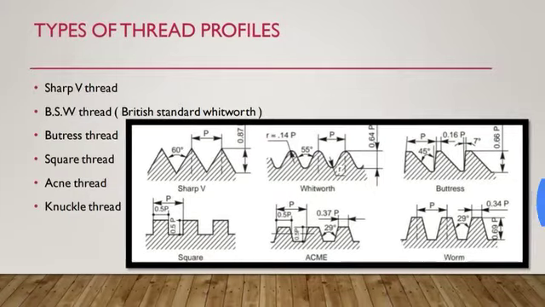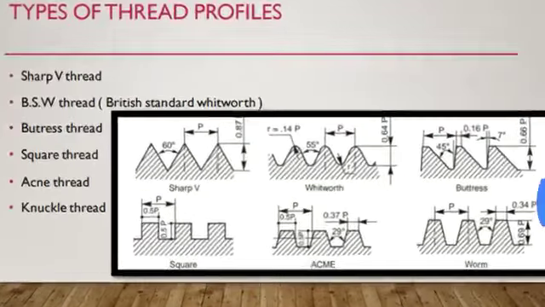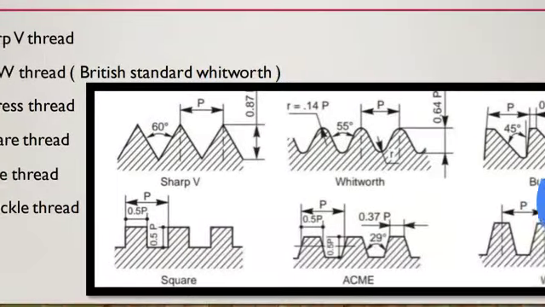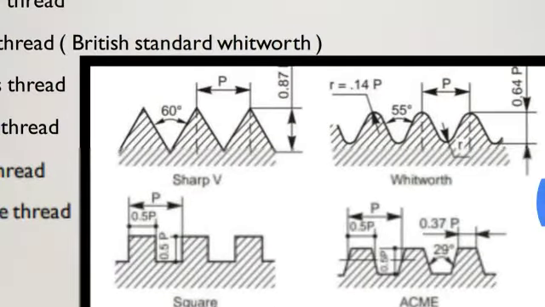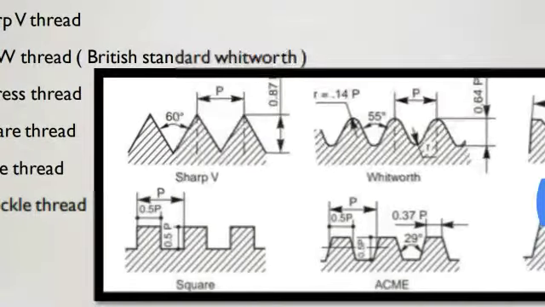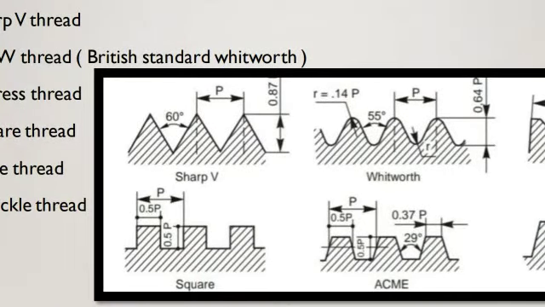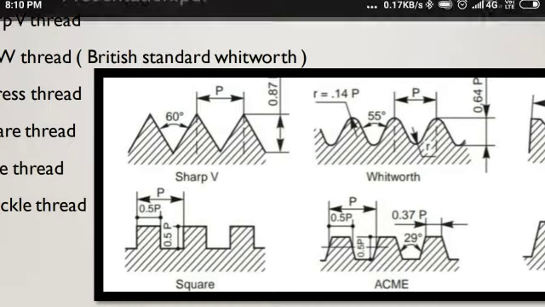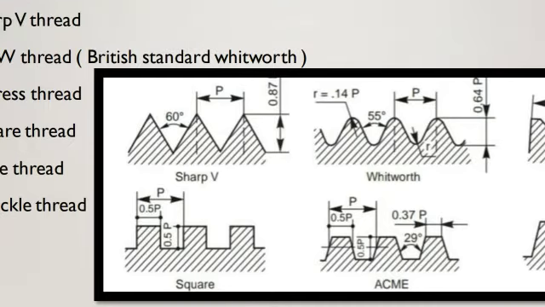The first one we call sharp thread. Now observe this figure and concentrate on sharp V thread. Consider this as the thread profile of sharp V. The height of a sharp V thread should be 0.87 times the pitch.